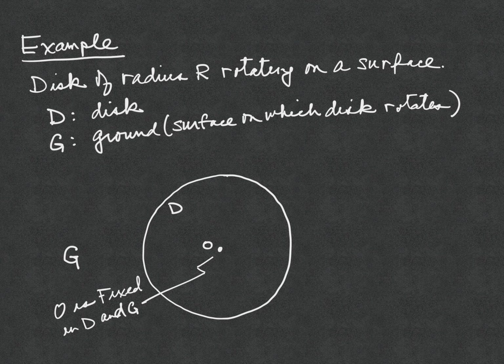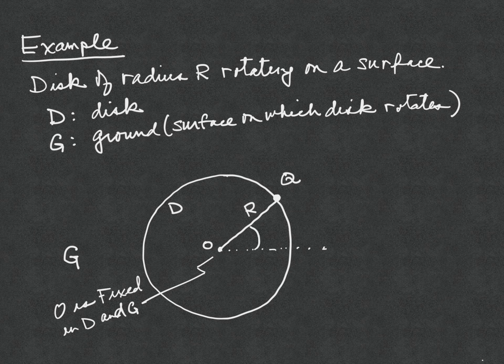Now, I'm going to put a point Q on the end of the disk. And the distance from O to Q is R because the disk has a radius R. Next, I'm going to introduce an angle theta, and I'll explain what this angle means in just a minute.